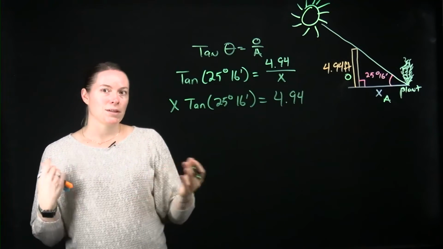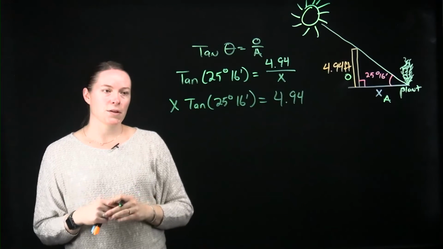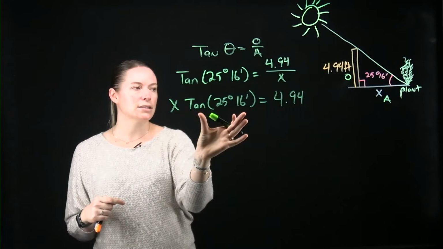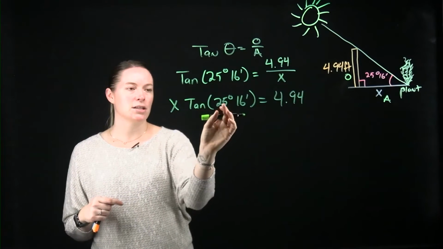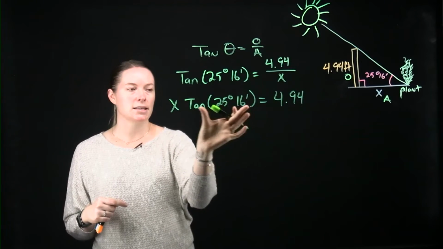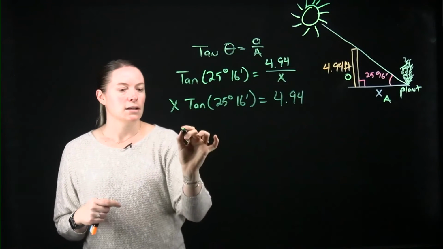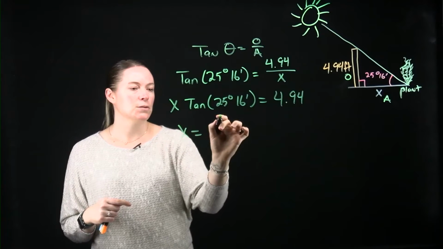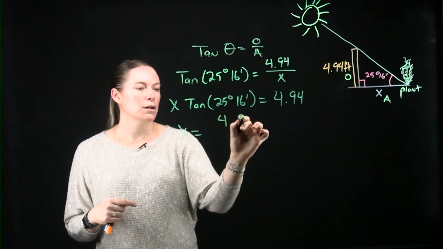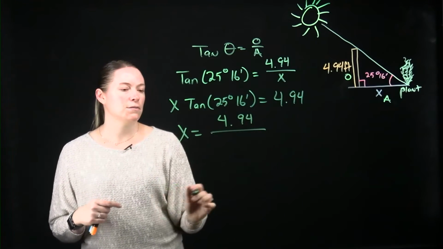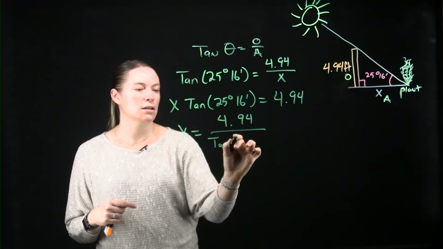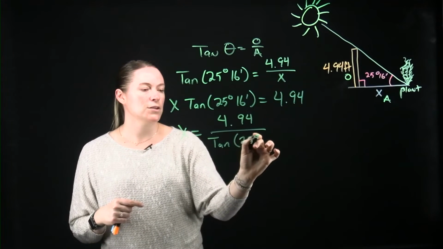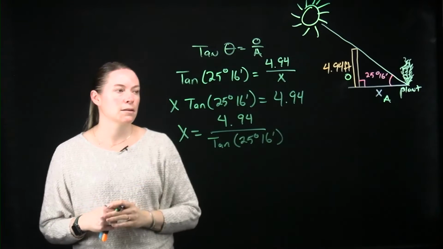Now you might be thinking, well, that didn't really help, but it gets us one step closer. Now I can divide by tangent of 25 degrees and 16 minutes on the other side, leaving me with x equal to 4.94 divided by tangent of 25 degrees and 16 minutes.